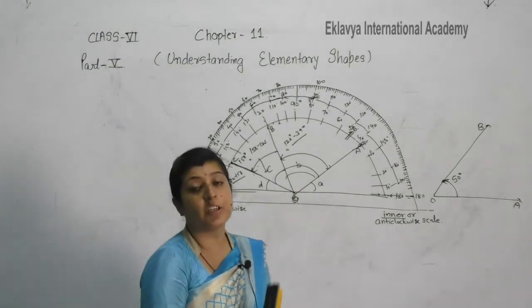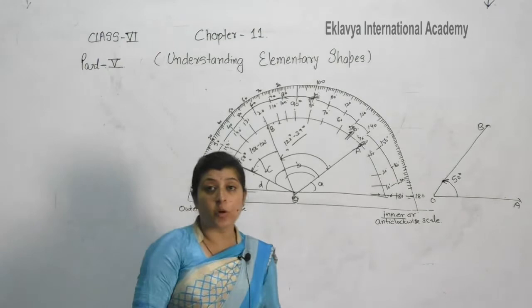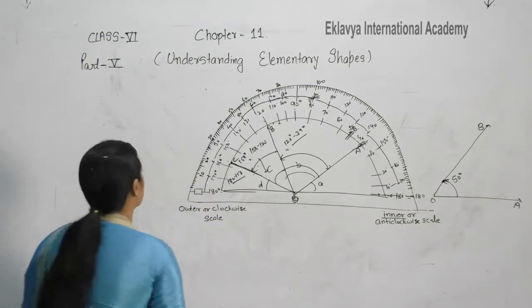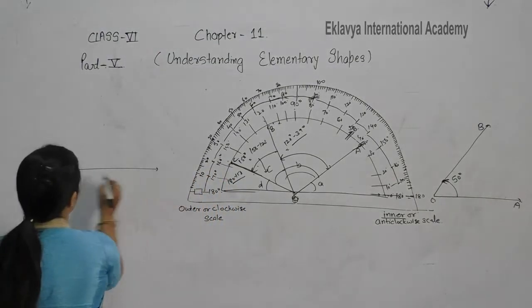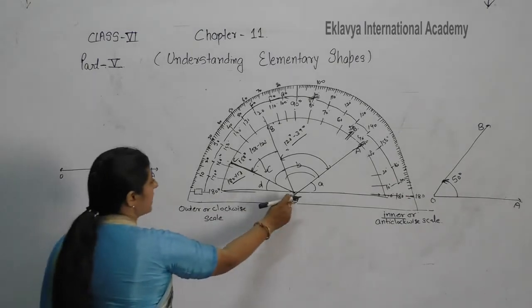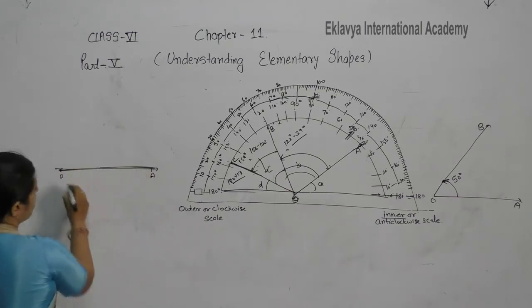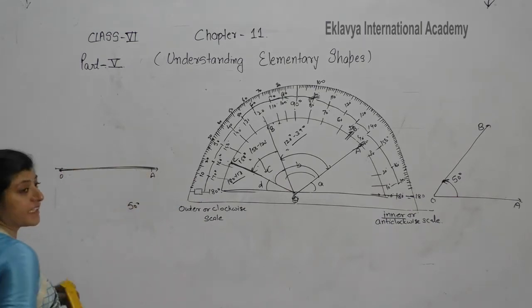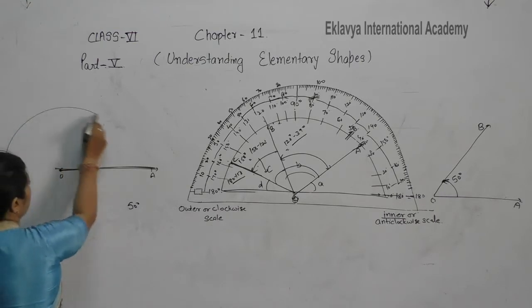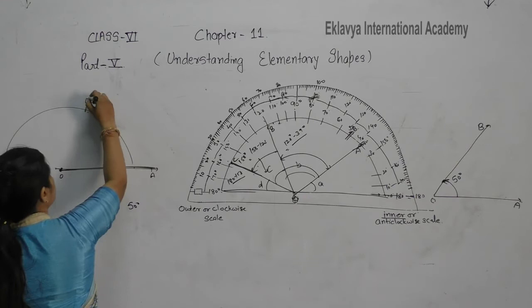So this is how we use the protractor and measure an angle. Or if we want to draw an angle, then what will we do? Firstly, we will make any line segment. Then you will put the middle part of the protractor here. Suppose you want to make a 50-degree angle, then you put your protractor here, and see, on this protractor there is 50.